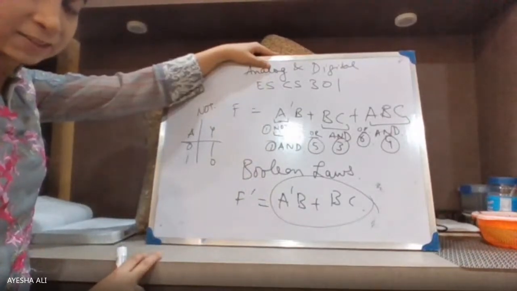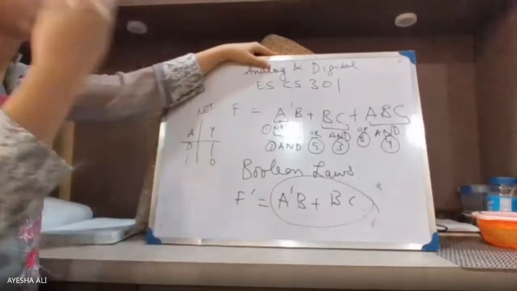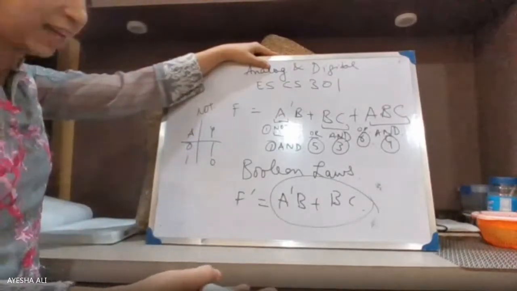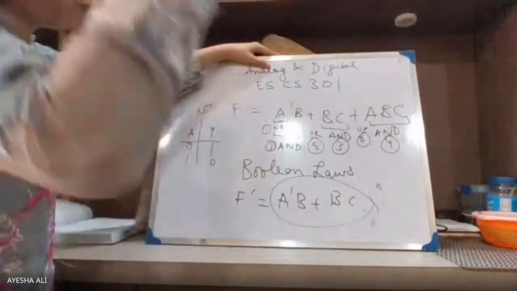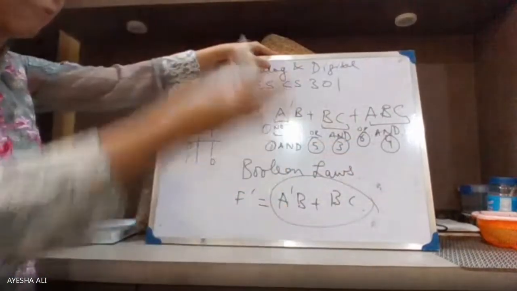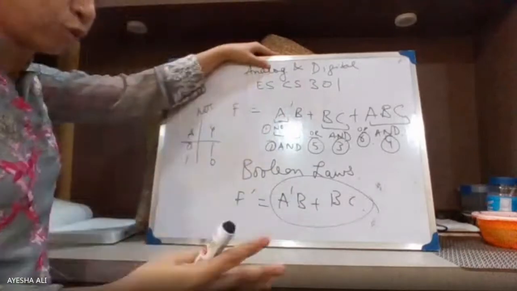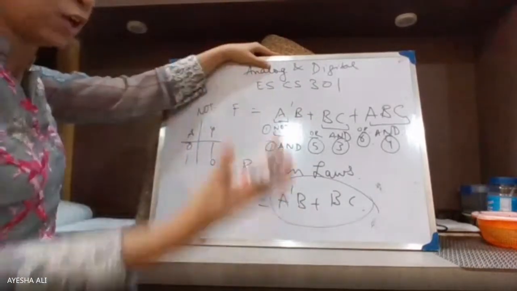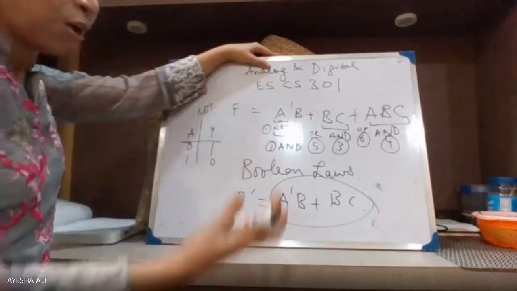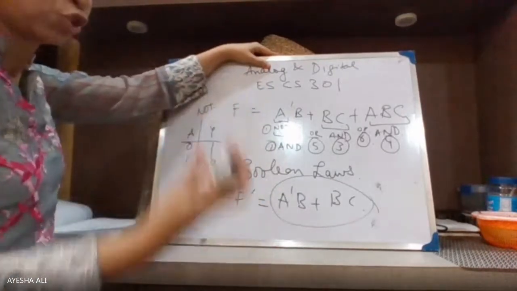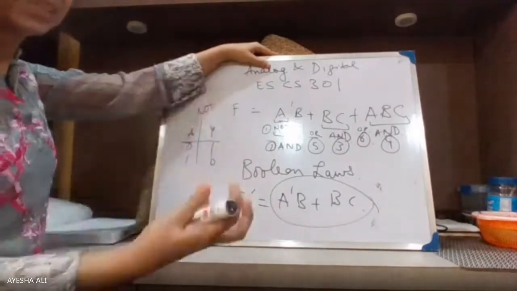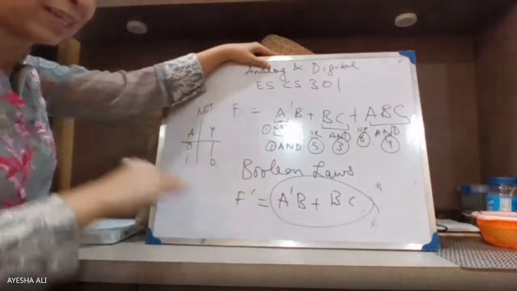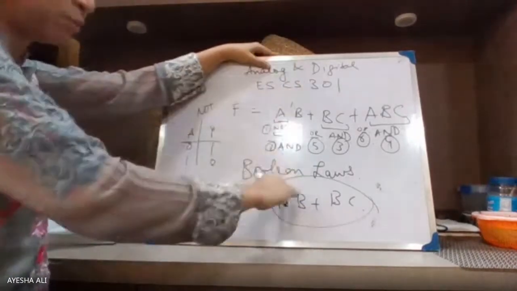Am I making sense? Otherwise, if they are not performing the same functionality, then why would I go through following so many laws? The entire time I'm following a certain set of rules to ensure that the basic core functionality of my logical expression is not disturbed. The basic core functionality should be maintained even if my expression is minimized.